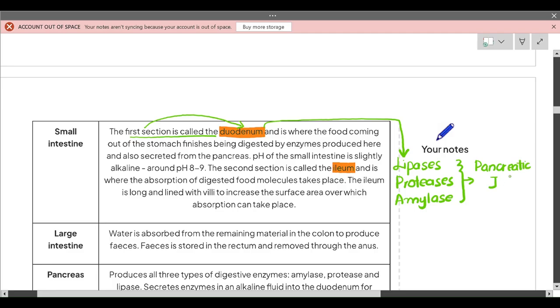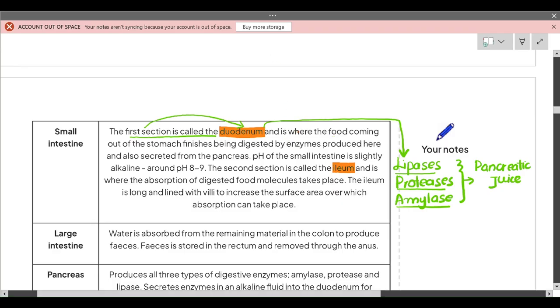I told you before, when we discussed the organs associated with the digestive system, that the pancreas makes sure smooth digestion takes place. It secretes these enzymes that later help in the digestion of different food substances present here. This is what they have mentioned here.